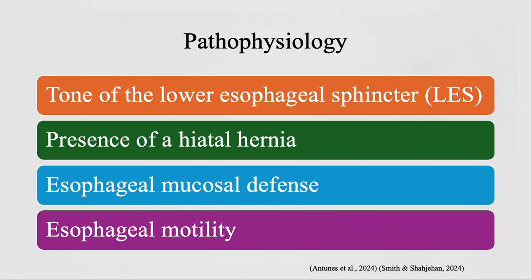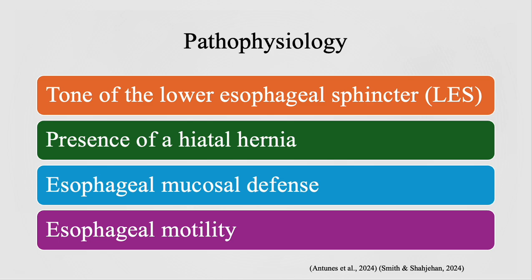Basically a portion of the stomach is now in the chest cavity. It's sliding into a portion of the anatomy where it shouldn't be. And not everyone who has a hiatal hernia has symptoms of reflux.